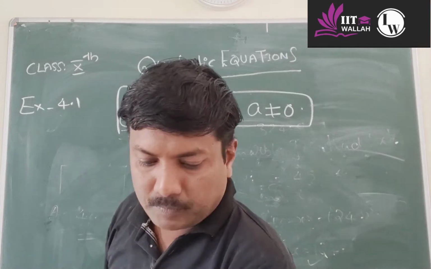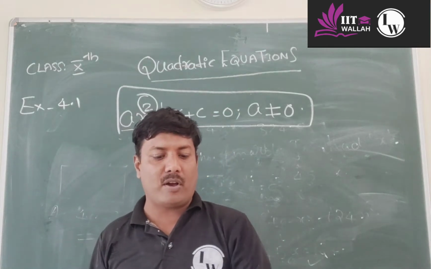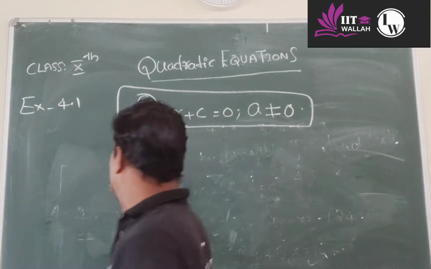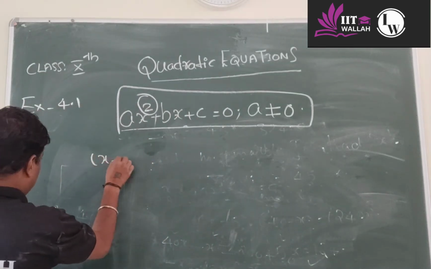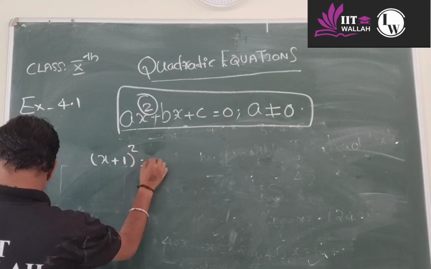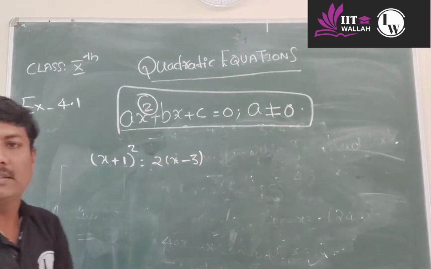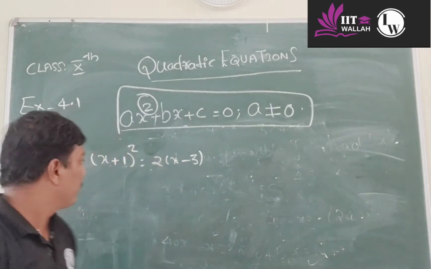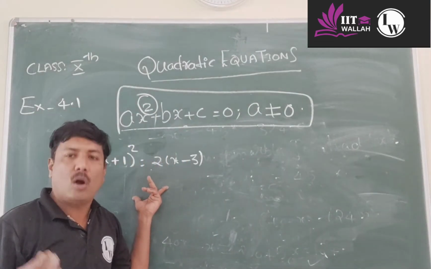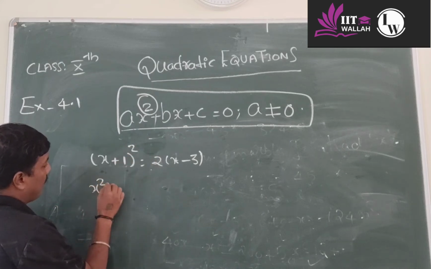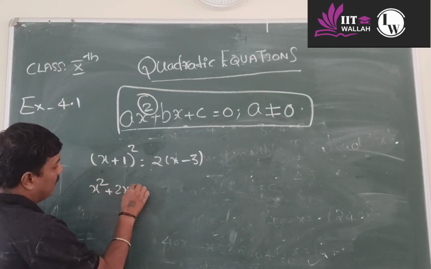The first question: check whether the following are quadratic equations or not. Here, the first one is (x plus 1) whole square is equal to 2 into (x minus 3). We need to check whether it is a quadratic equation or not. So, (a plus b) whole square is a square plus 2ab plus b square.